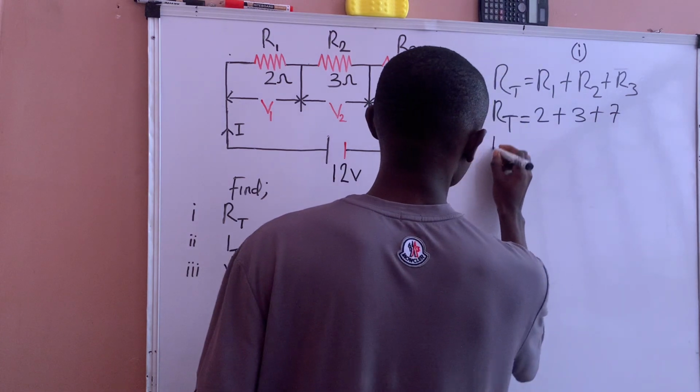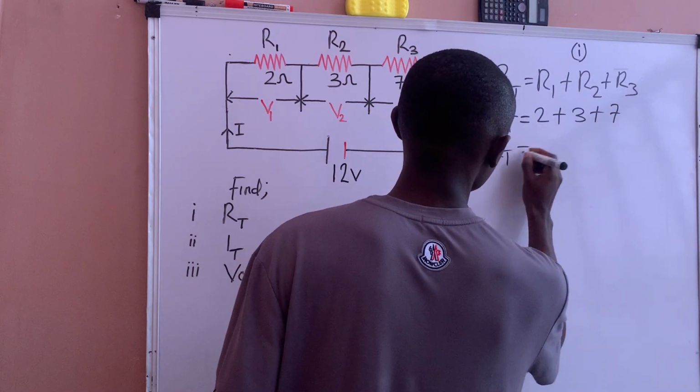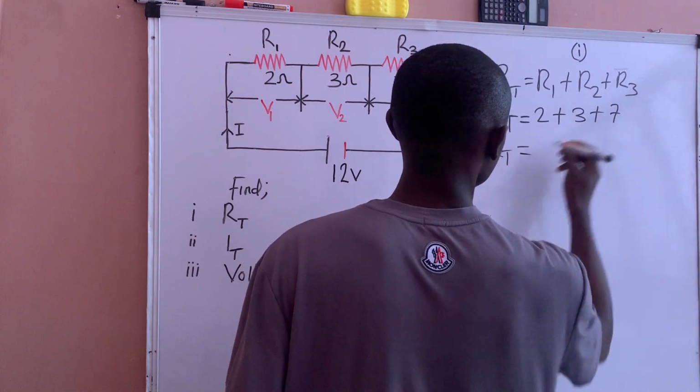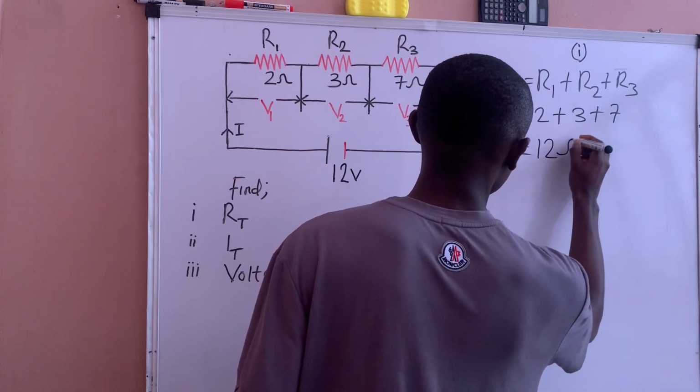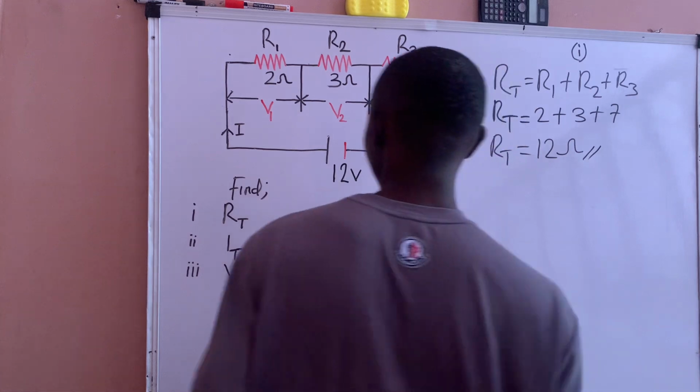So the total resistance RT will be 3 plus 7 is 10, plus 2 will be 12 ohms. So that is the answer.